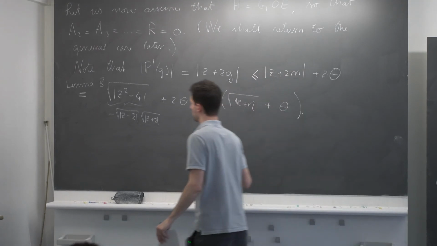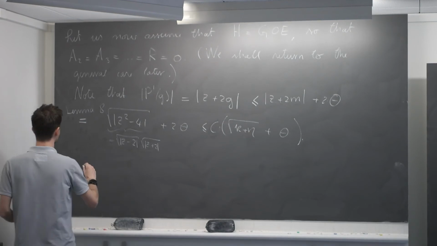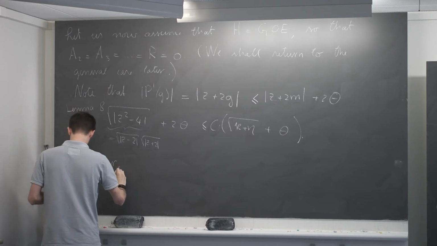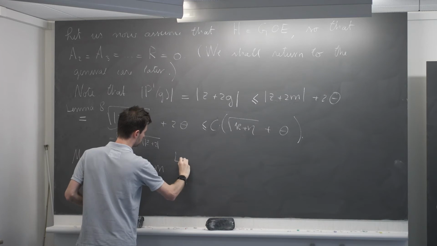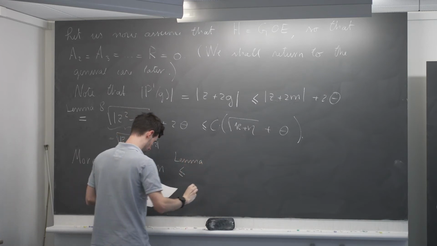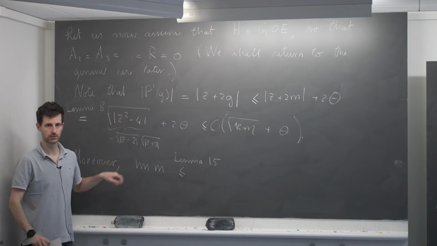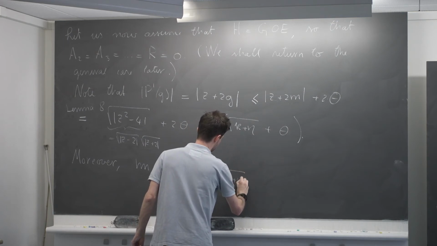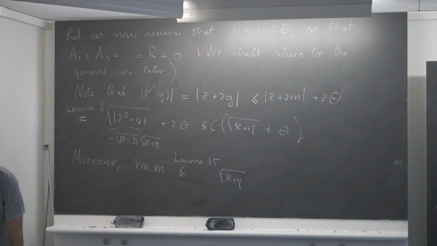And moreover, I will need, I remind you that the imaginary part of m, we figured out the precise behavior of the imaginary part of this thing. This was always bounded by kappa plus eta. Now one of the things we are aiming at here is a precise description of what happens near the edge.